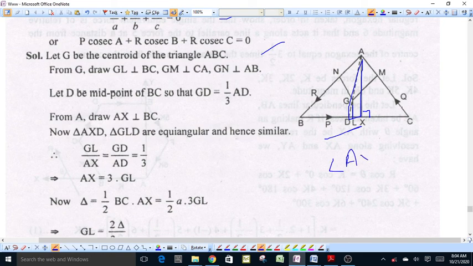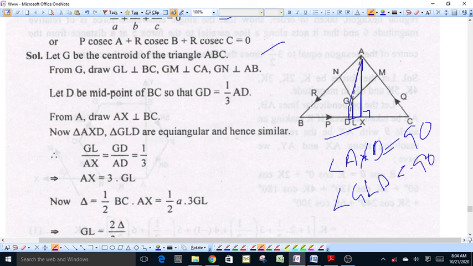Angle AXD is equal to 90 and angle GLD is also equal to 90, and this angle is common in both, and the third angle is equal to the third angle. Therefore these two triangles are similar.